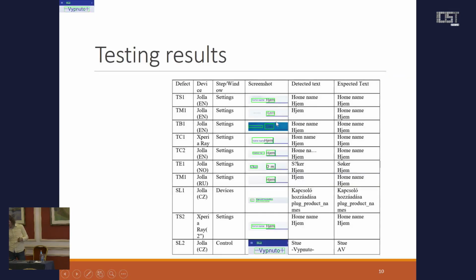Usually the tool works like this: we have a device and a window, and we identify in which window of the application we had a problem and on what kind of device, along with visual proof. Here the text was misaligned, and here it was too small to read.